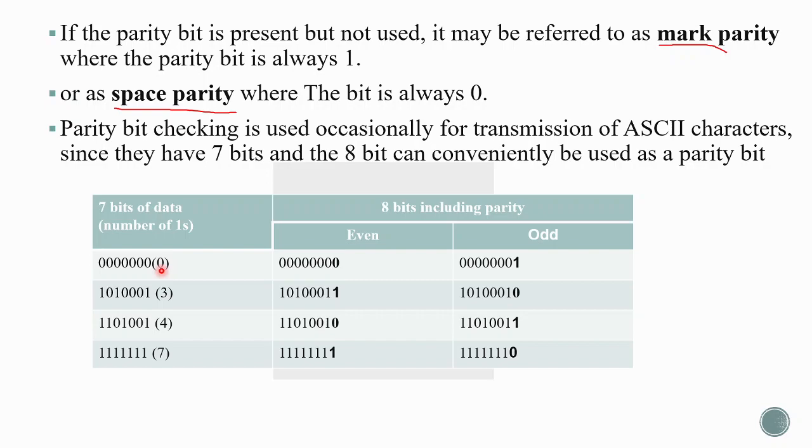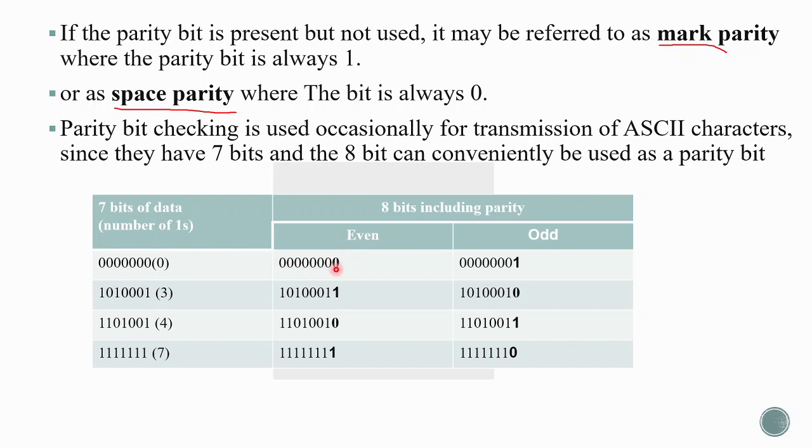What we have to do is to make the total number of ones an even number, right? In case of even parity, we have to make it an even number. That means this is our parity bit, we have to add this bit. If we add this as 1, what will happen? The total number of ones will be odd, right?